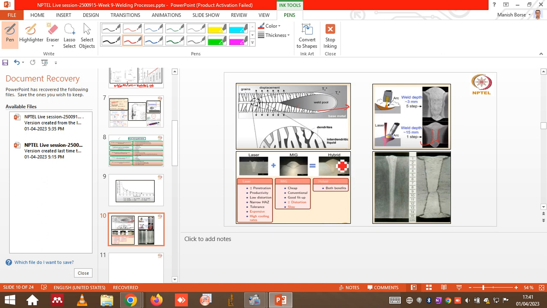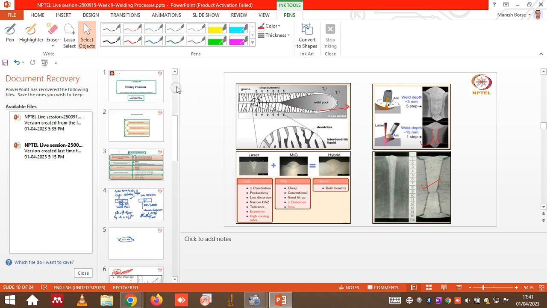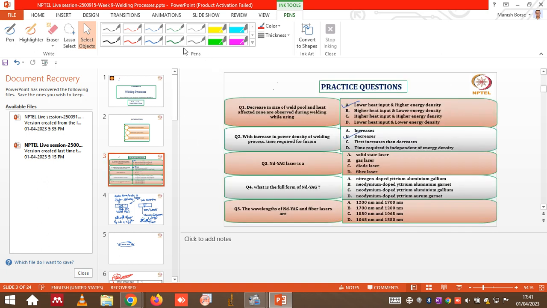We can give a much wider nugget area as well as full penetration in such cases of hybrid mode of welding. All those things we have already seen, so we can solve the question based on that.